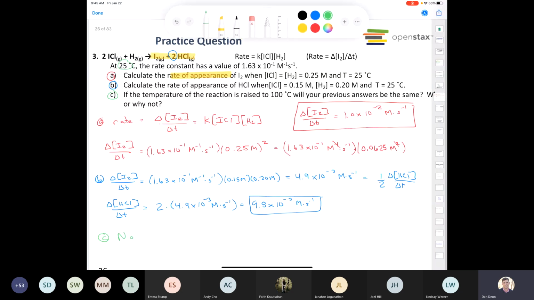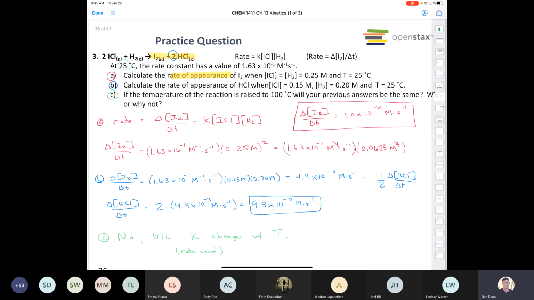No, the answers are not going to be the same because K, the rate constant, changes with temperature. So remember, the rate constant is only constant at a specific temperature. If we change the temperature, we have a new rate constant.